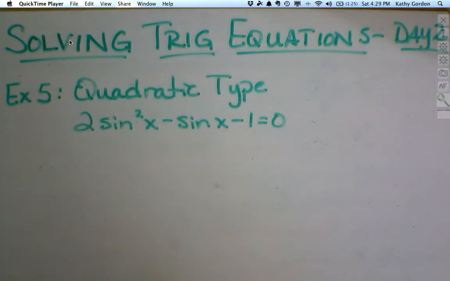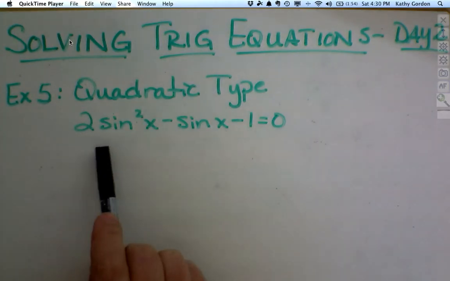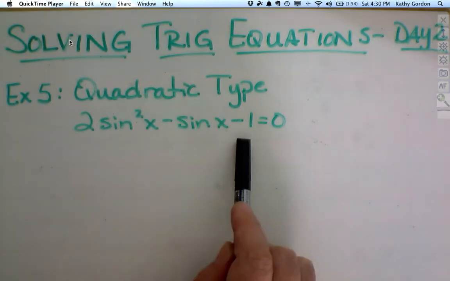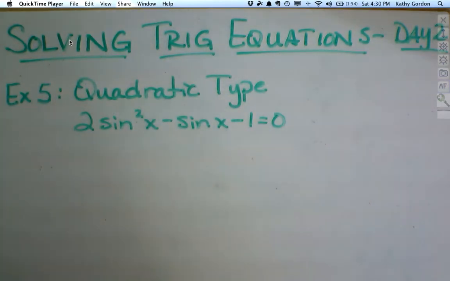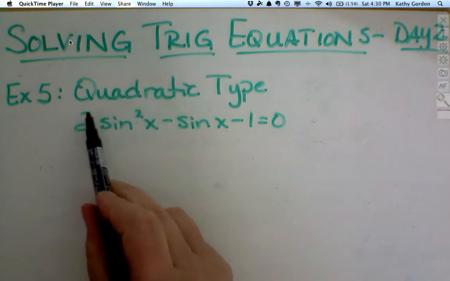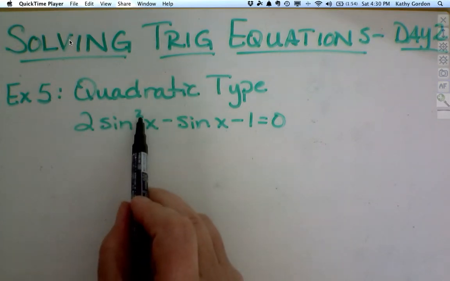a quadratic. So if you look at our equation here, we have 2 sine squared x minus sine x minus 1 equals 0. Now this looks a lot like a quadratic because we can see that in our first term, the sine is being squared.